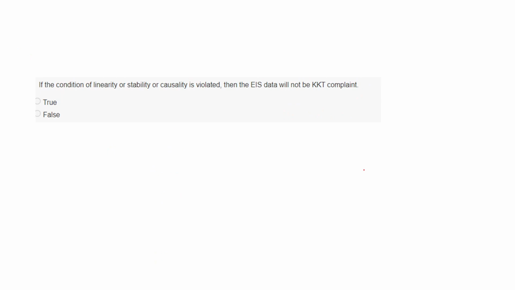The next question says, if the condition of linearity or stability or causality is violated, then EIS will not be KKT compliant. It is false. Why is it false?